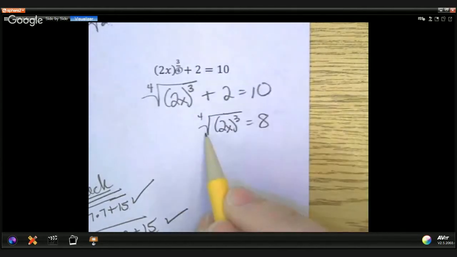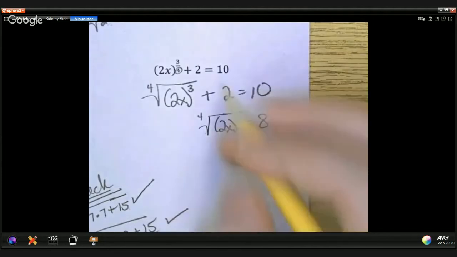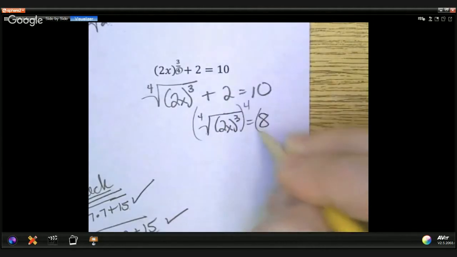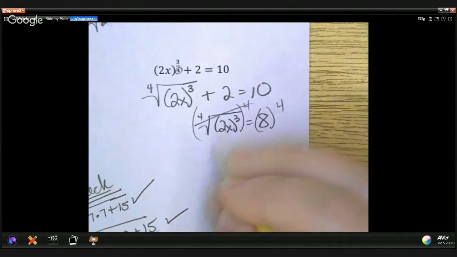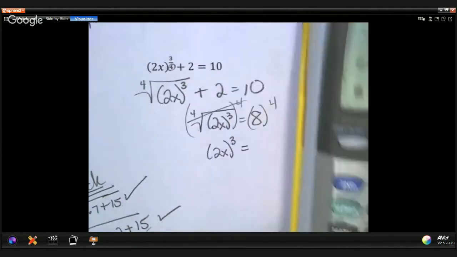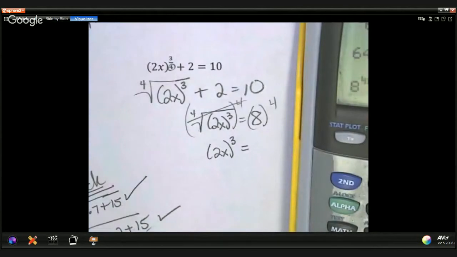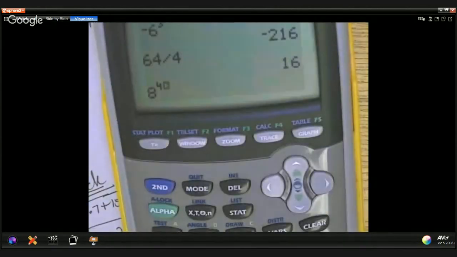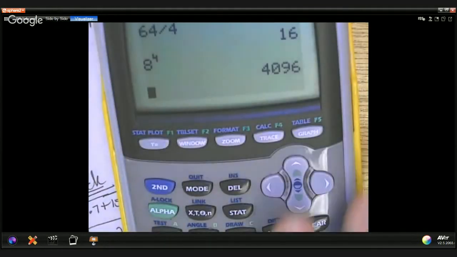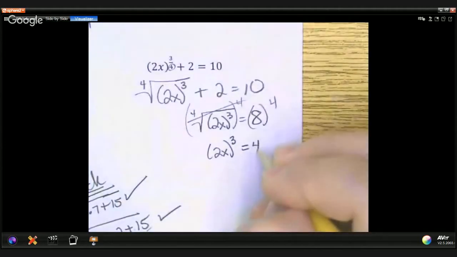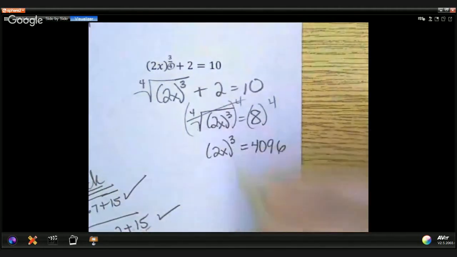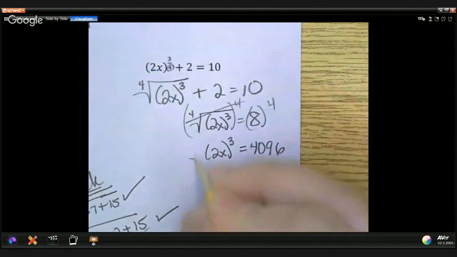And now I need to get rid of a 4th root. To get rid of a 4th root, I bring it to the 4th power. And so I get 2x, that quantity to the 3rd, equals 8 to the 4th, which is 4,096. But now you see how I have a 3rd power. To get rid of a 3rd power, I take the 3rd root.